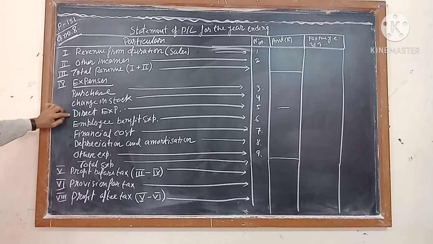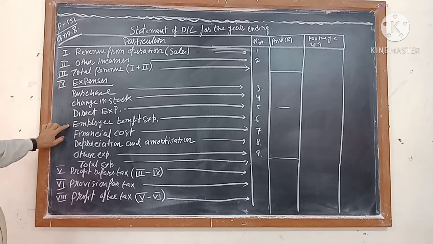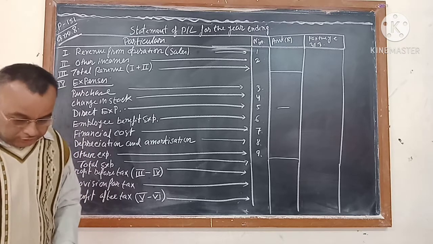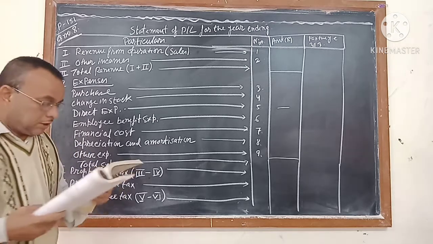The remaining all are profit and loss account debit side. Other income; employees benefit, which includes salary, bonus, contribution to the provident fund; financial cost, the interest if you have taken a loan from any financial institution; depreciation for the fixed assets, which is written off, goodwill, depreciation. All the remaining will come under other expenses.